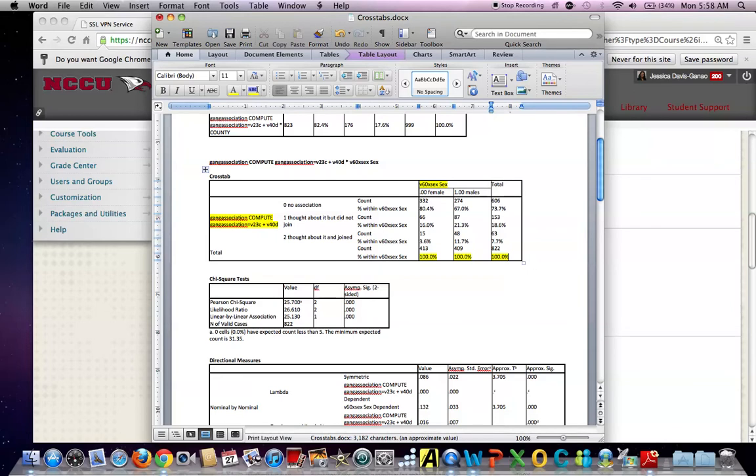If your 100% fell all over here, then your independent variable would be on this side where gang association is. But in this case, because our 100% fell in our column, our gang association would be referred to as our row values. All right, and these are considered the row values here.